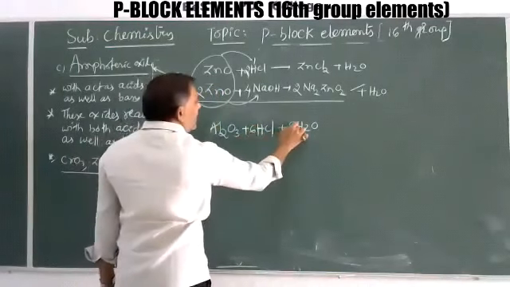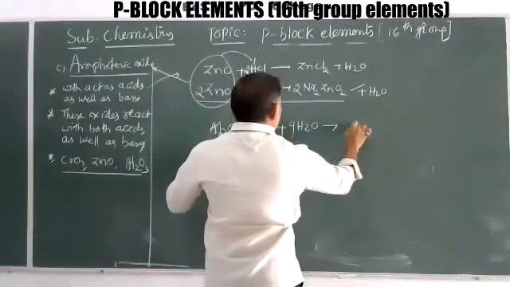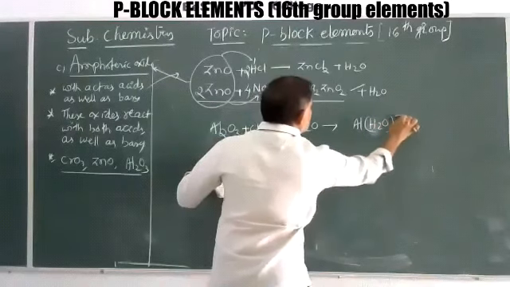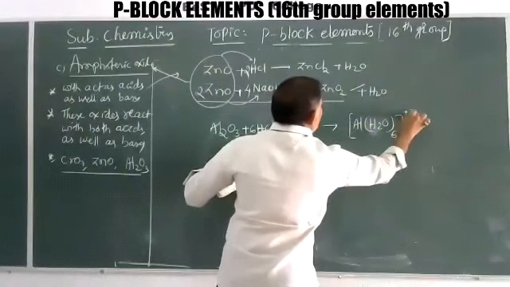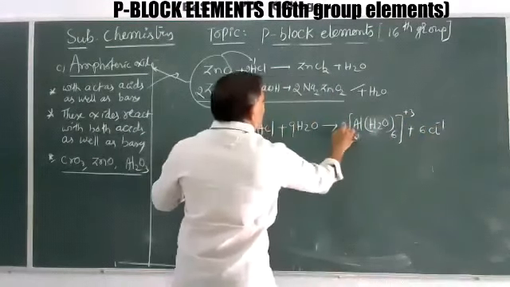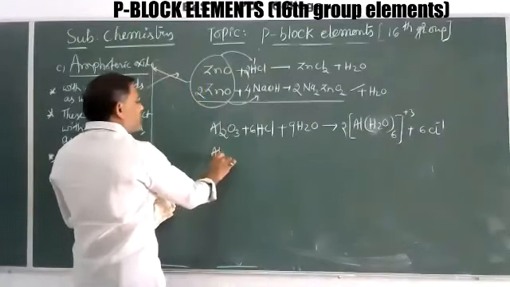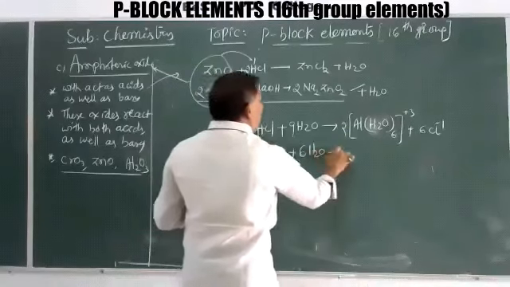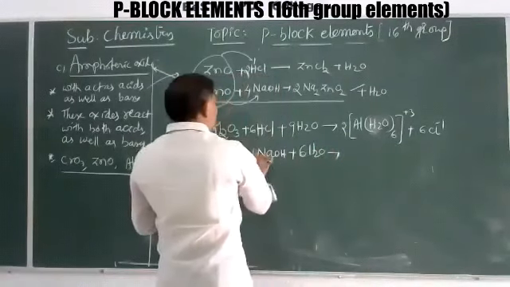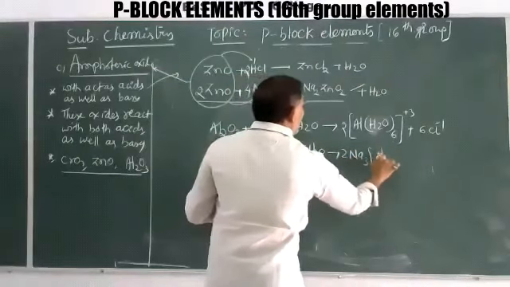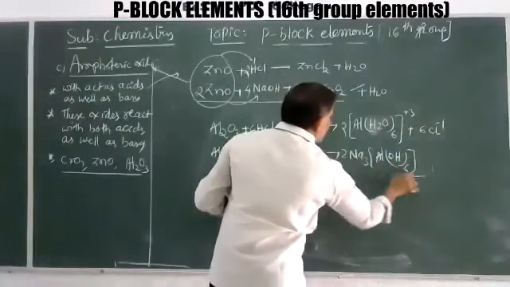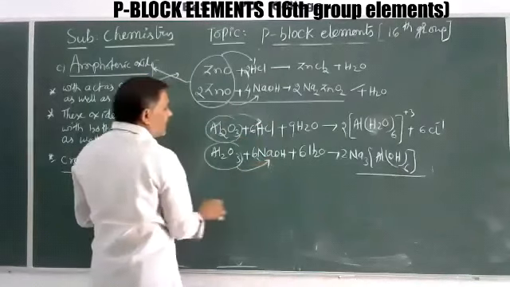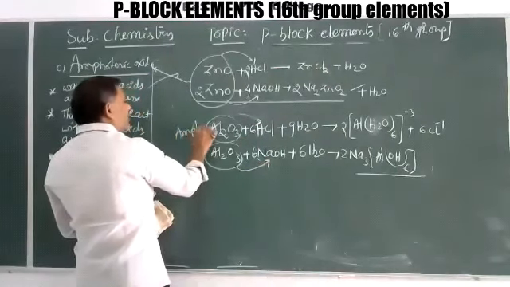Here take 6 moles of HCl and 9 moles of water, it gives one complex, 2 moles of the aluminum hexaaqua complex, with 6 Cl minus ions formed. Now the same Al2O3 reacts with NaOH, sodium hydroxide, with 6 H2O, and gives 2 Na3[Al(OH)6], one of the most important complexes. So Al2O3 can react with both HCl as well as NaOH. That's why it acts as amphoteric in nature.